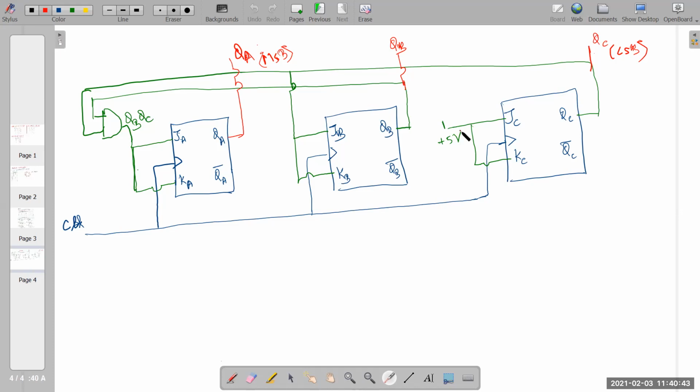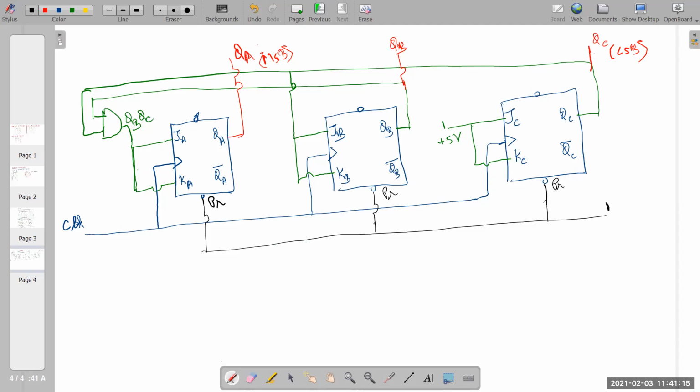Now, we're going for laboratory. Definitely, your IC would be having preset as well as a clear option. For normal operation, what should we connect to preset and clear? Sir, 1.